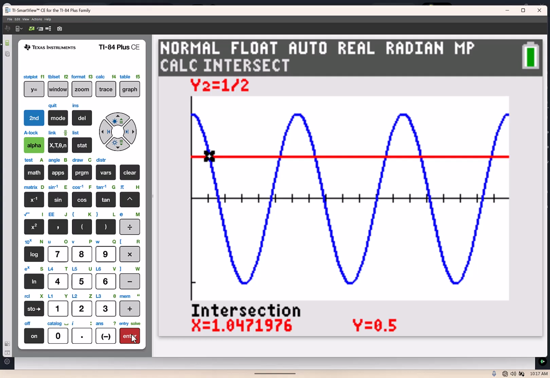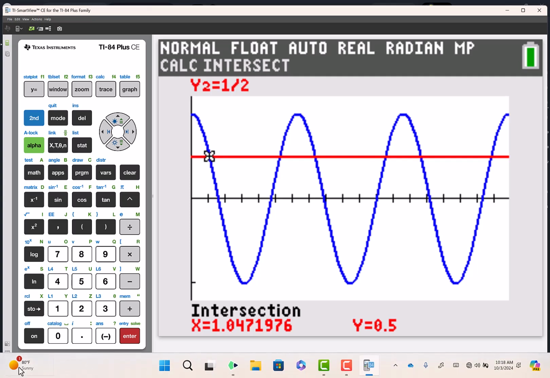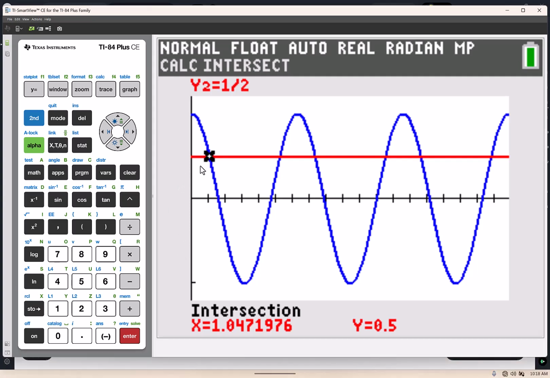Negative 1.2, 1.2, and then do the same thing. You got it? All right, guys. I think we got it down. It just takes practice. There is another way. I'll show you another way in a little bit when we get more advanced.